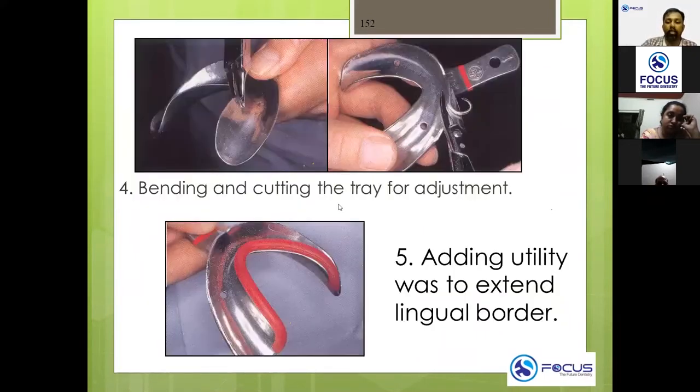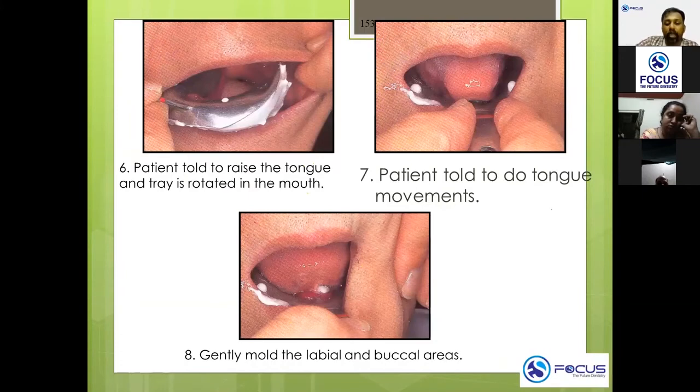Then with utility wax, the lingual borders are adjusted, and you can take it with alginate. The patient is asked to do tongue movements and cheek movements. Tongue outward is for recording the lingual frenum. Lateral movements are done to record the alveolo-lingual sulcus in the mylohyoid and post-mylohyoid region.